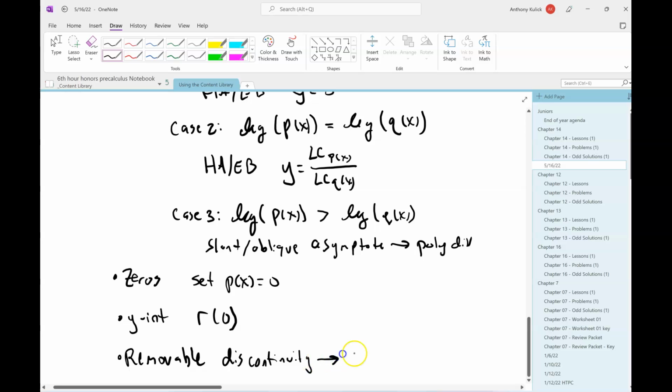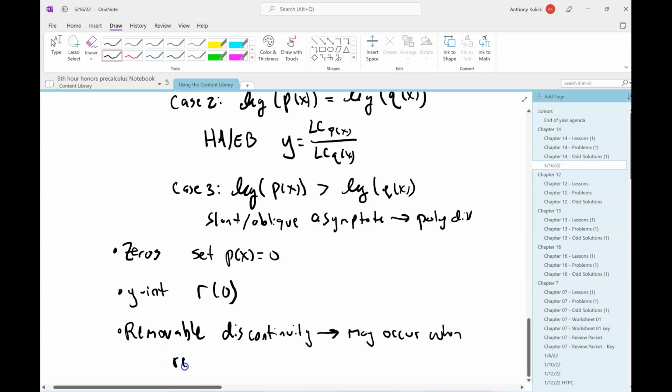This can only occur if you have to do some reducing. It doesn't guarantee that you're going to get a removable discontinuity if you have to reduce, but that's the only time it can occur, if you have to do any reducing in your fraction.